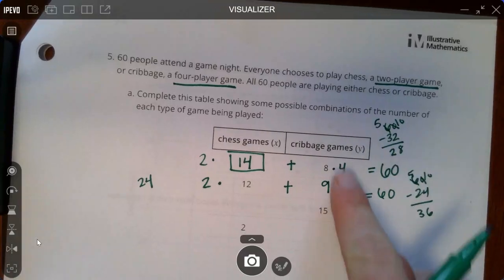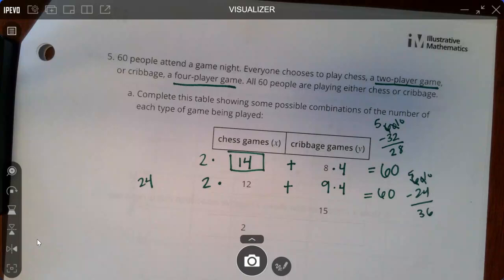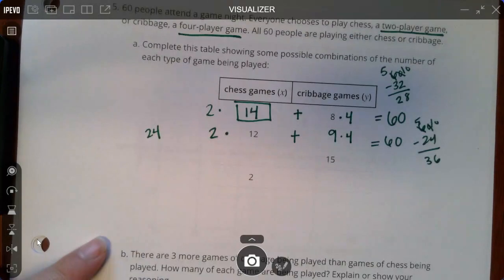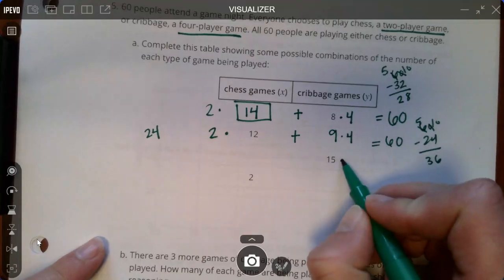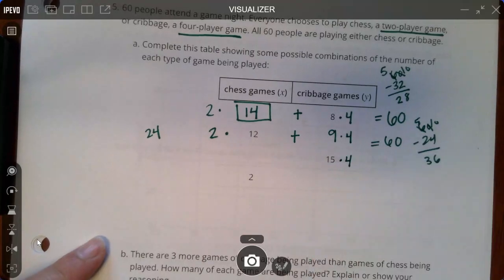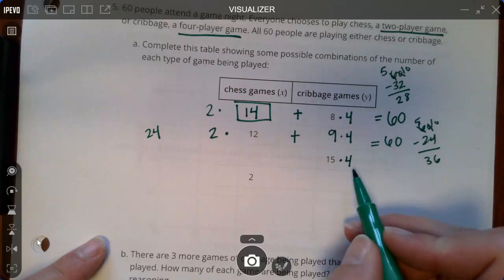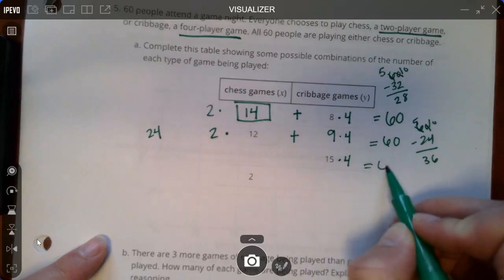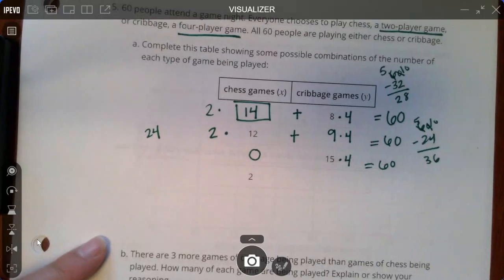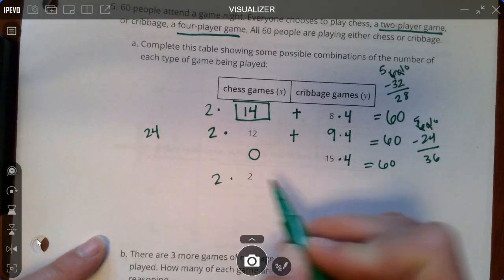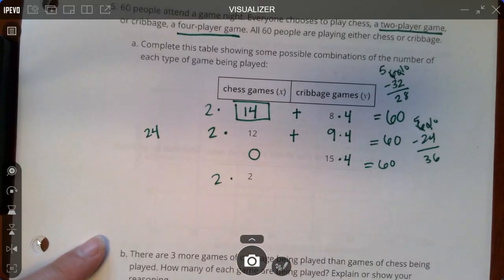Again, you don't have to write this times 4, times 2, but it helps me to know what I do every time. Down here, I've got 15 games of cribbage, so times 4. 15 times 2 is 30, double that is 60. So everybody is playing cribbage, and nobody is playing chess. Last one, 2 times 2, there's only 4 people playing chess.